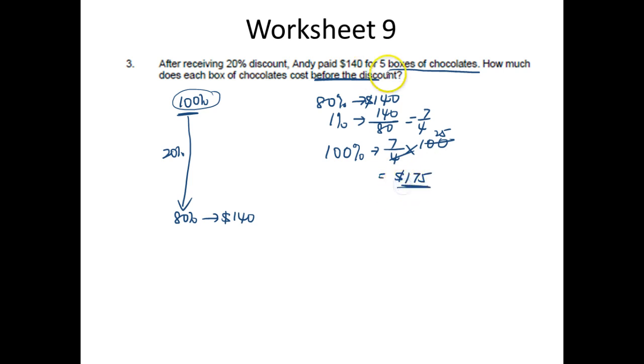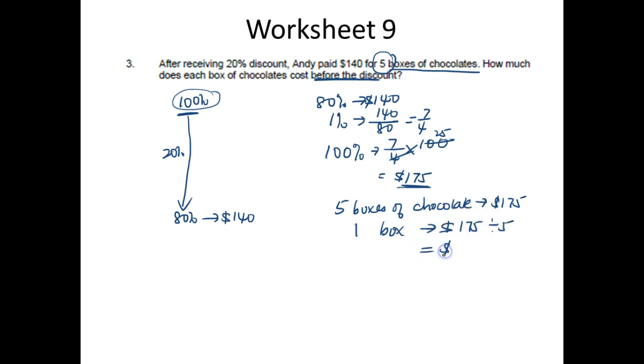This 175 is 5 boxes of chocolate. So 1 box would be 175 divided by 5, and the answer is $35. So 1 box of chocolate before the discount is $35.